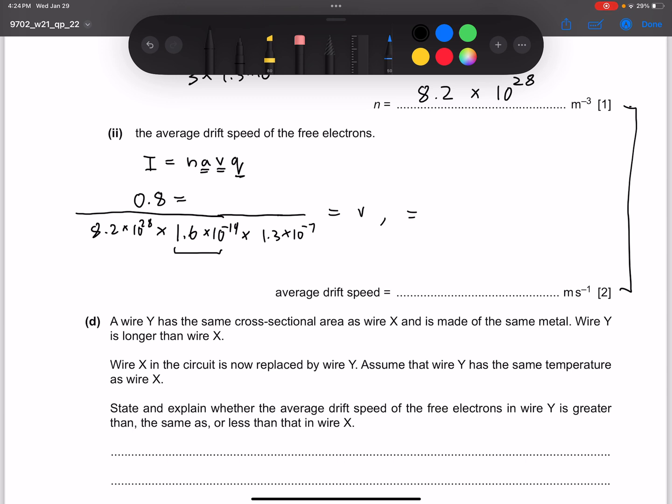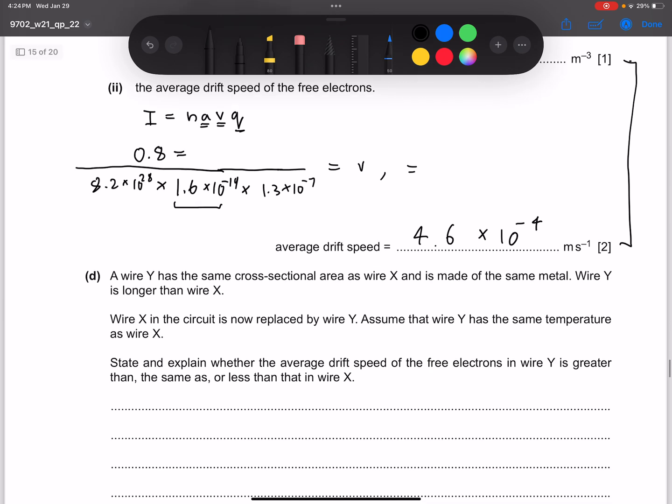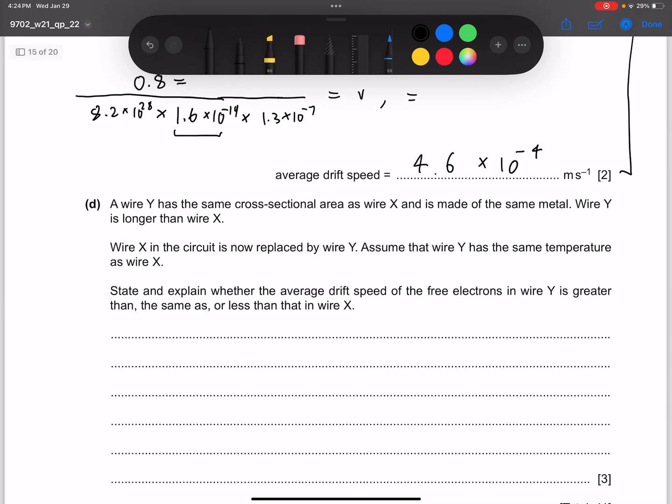All right, that gives us a value of 4.6 into 10 to the power minus 4 meters per second. Let's say 4.7, we're rounding up.